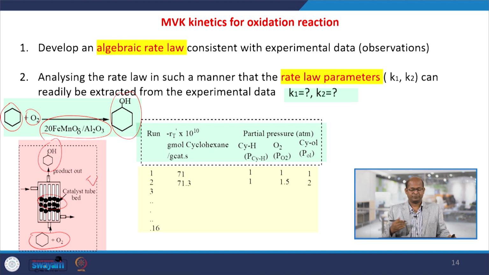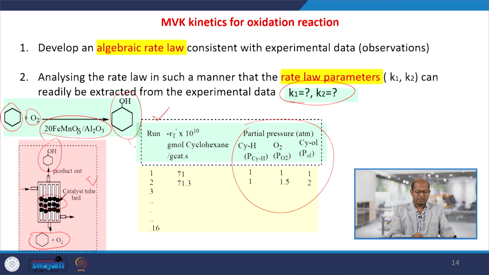For this type of reaction we can develop rate law equations and validate them with the experimental data to find the rate law parameters. Okay. So, let us say this is the experimental data that we can get for this particular reaction.